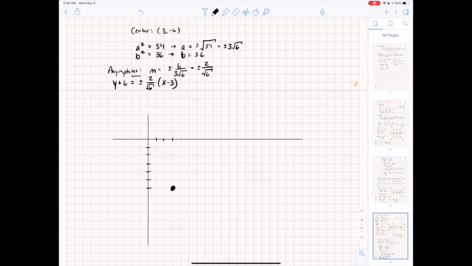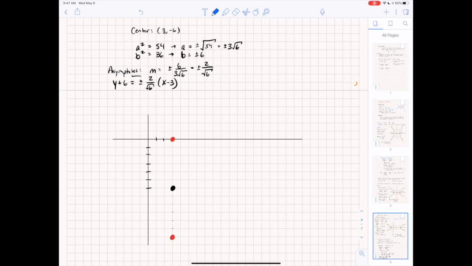Now I know my vertices are located by my b value this time, so this would be up 6. That's going to put me back at the x-axis, and then down 6: 1, 2, 3, 4, 5, 6. Here's the other vertex, going all the way down to negative 12. And then walking out my a, this is going to measure out my box to the right and left, which again is plus or minus 3 root 6.